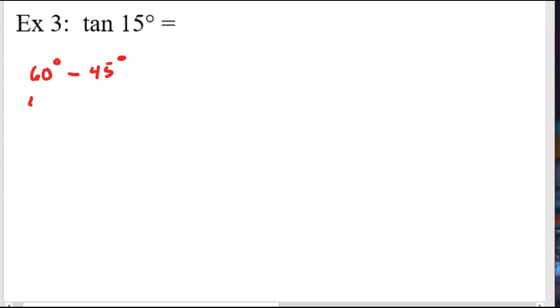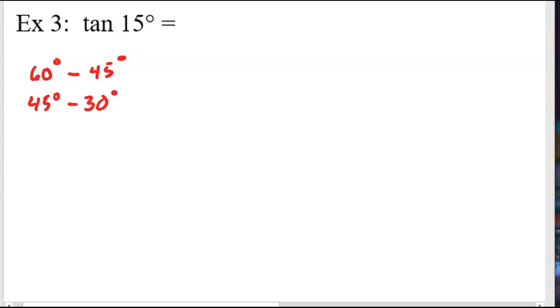Okay, it could be 45 minus 30. Two different problems that will end with the same result. So I just want you guys to know, before you even start this problem, when you split the angle into a sum or a difference, generally, there are going to be lots of different answers. Sometimes there's a most obvious one. In this case, not at all.